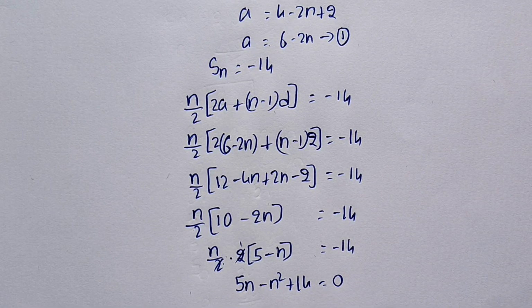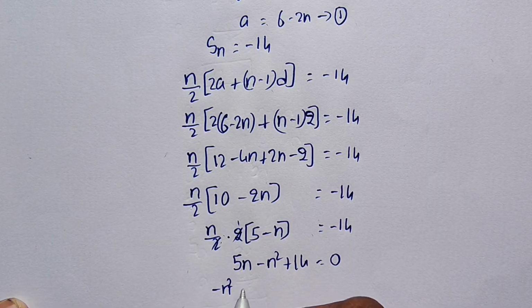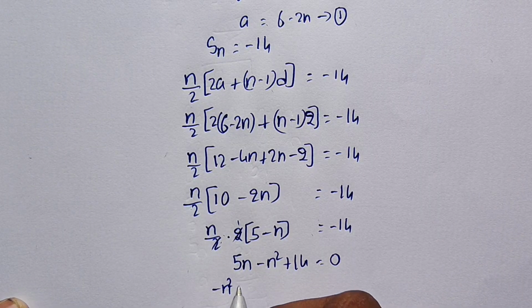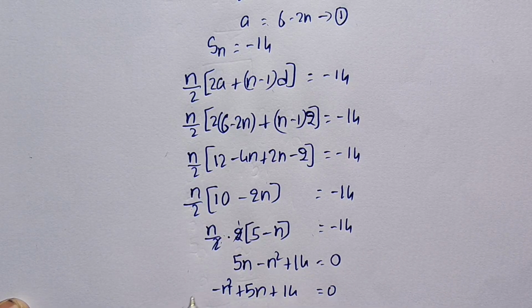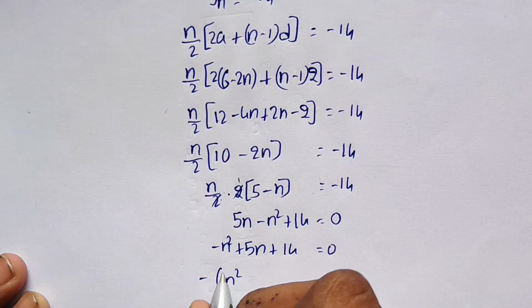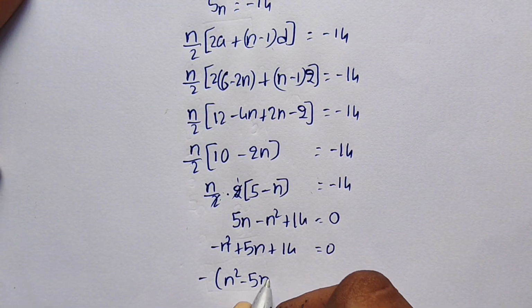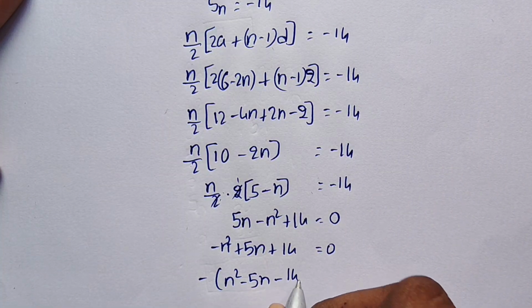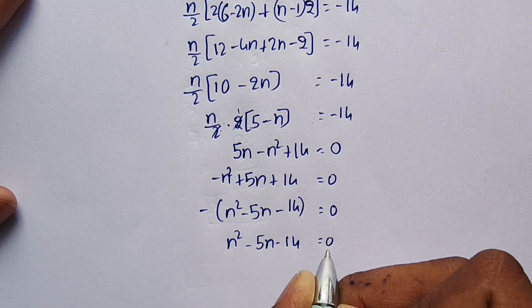So minus n square plus 5n plus 14 equals 0. Taking minus common, we got n square minus 5n minus 14 equals 0.